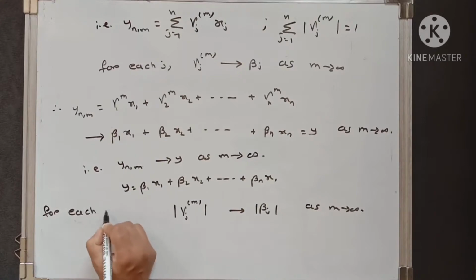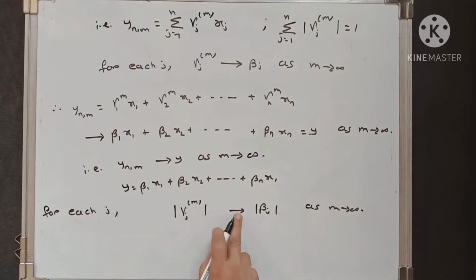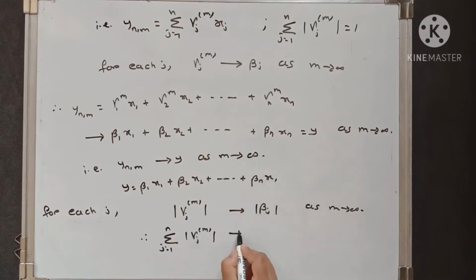For each j, mod of gamma jm converges to mod of beta j, and therefore the summation j from 1 to n of mod of gamma jm converges to the summation j from 1 to n of mod of beta j. But the former is equal to 1, and therefore the summation j from 1 to n of mod of beta j is also equal to 1.